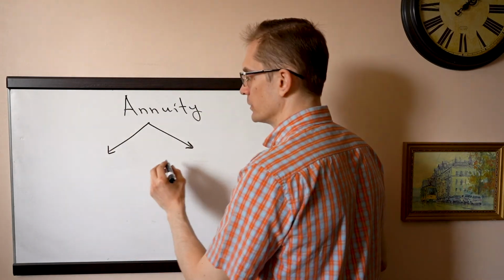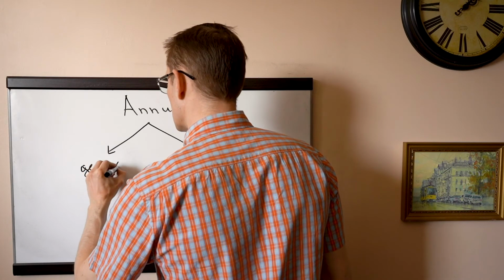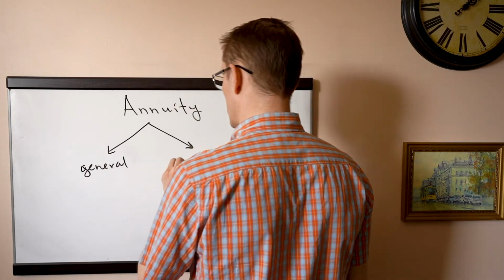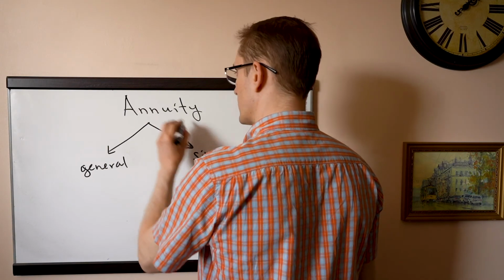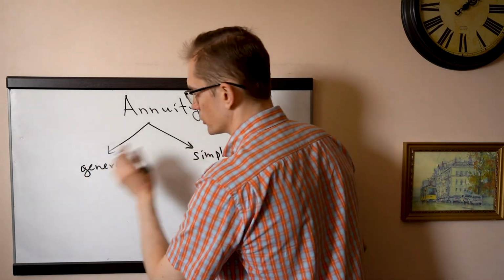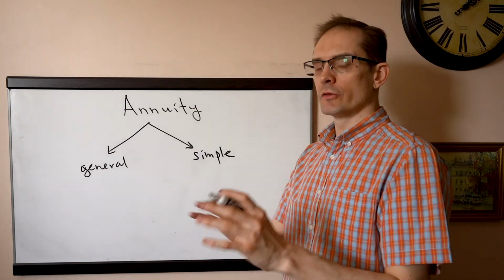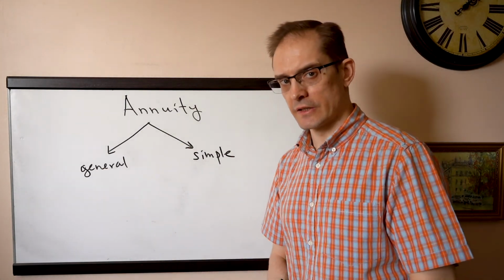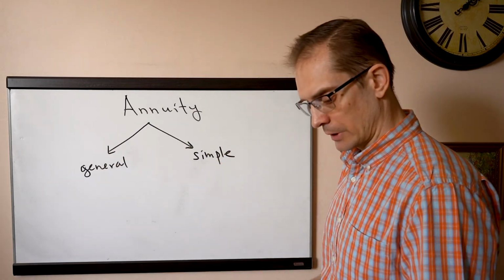When we have any annuity, it's going to be either a general annuity or a simple annuity to begin with, right? Also, it can be ordinary or due, but that's another story for now. So an annuity can be either general or simple, okay?